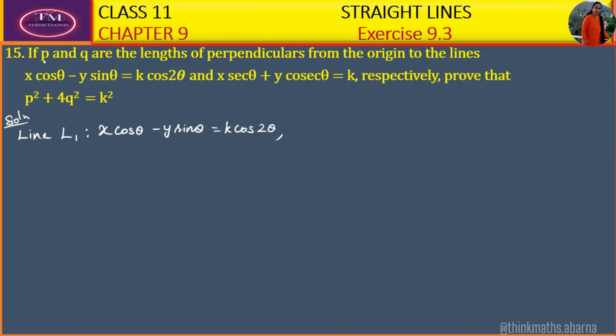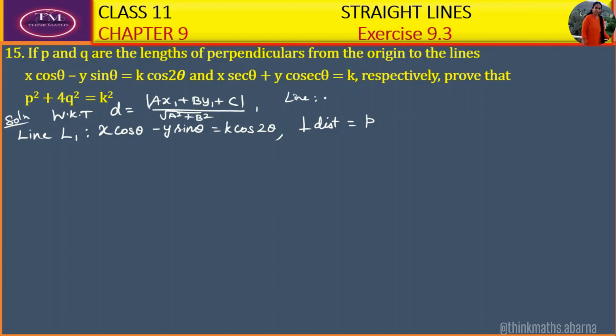So perpendicular distance is given as P. So perpendicular distance equal to P. So what do we know? We know that distance D is equal to modulus of AX1 plus BY1 plus C, divided by square root of A square plus B square. So this is the distance of the perpendicular from the line.